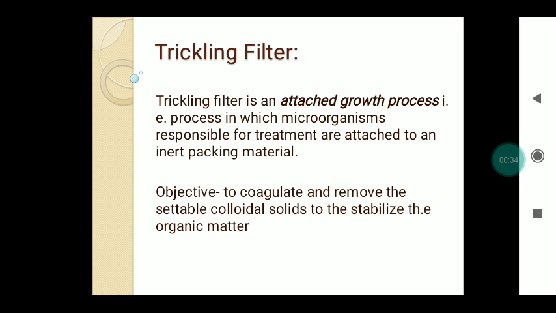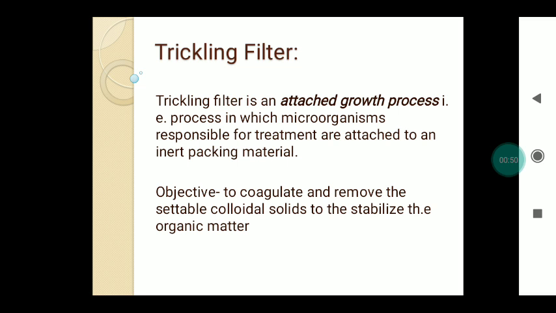So the trickling filter is an attached growth process, that is, a process in which the microorganisms responsible for the treatment are attached to an inert packing material.